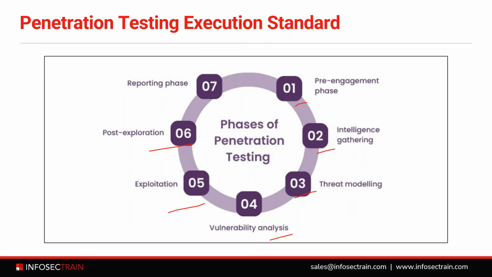Right. After that, the last phase that you have is reporting phase, where you will be documenting all the findings, whatever you have found, right? So those findings you will be writing in the doc reports, right? Provide the report and done. So these are the phases that you use.